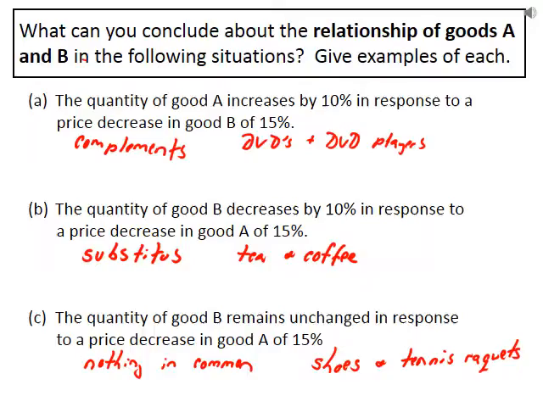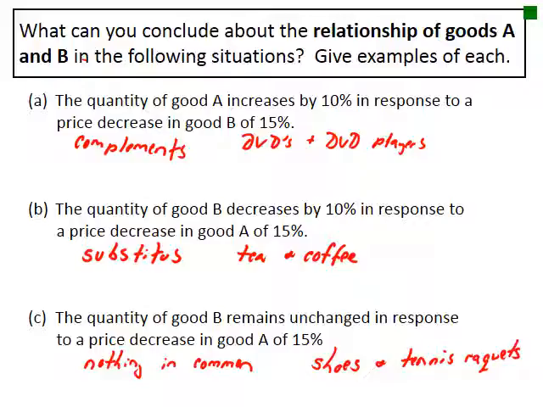So what can we conclude about the relationships of good A and B in the following situations? And I encourage you to give examples of each. Okay, so the quantity of good A increases by 10% in response to a price decrease of good B of 15%.